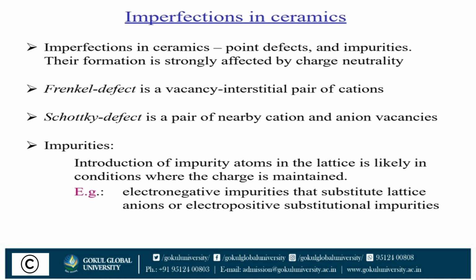For imperfections in a ceramic, point defects and impurities, their formation is strongly affected by a change in the charge. The Frenkel defect is also called a vacancy defect, and the Schottky defect is one type of cation and anion vacancy. For impurities, the introduction of an impurity atom in the lattice is likely in the condition where the charge is maintained. That means an electronegative impurity substitutes for a lattice anion, and an electropositive impurity is a substitutional impurity.